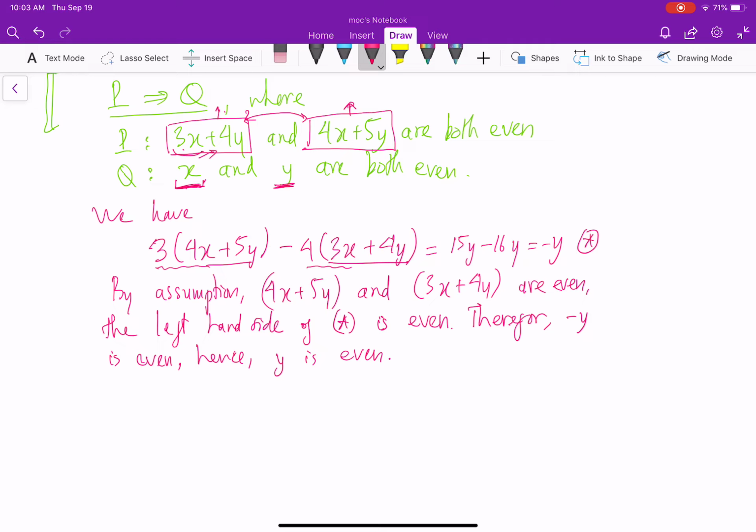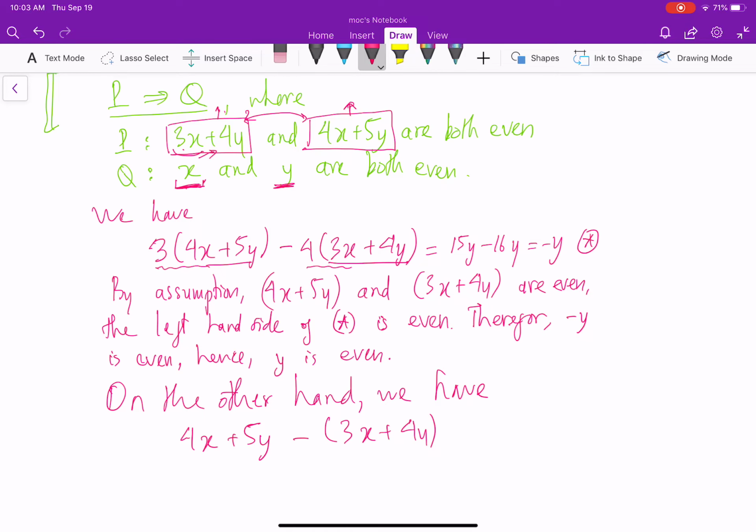On the other hand, we can write: 4x plus 5y minus (3x plus 4y) is equal to x plus y.